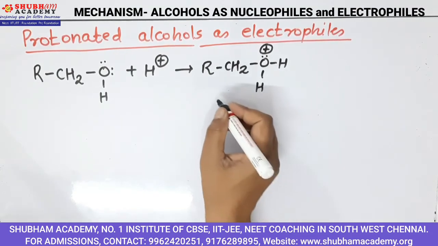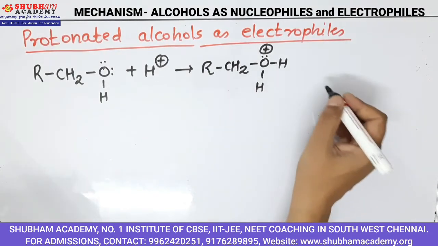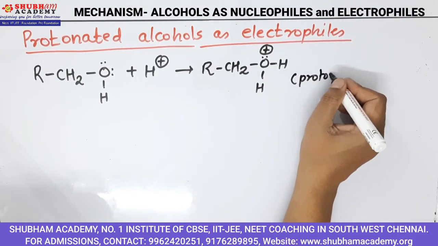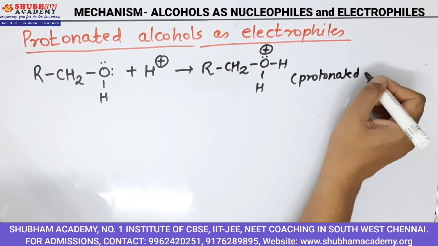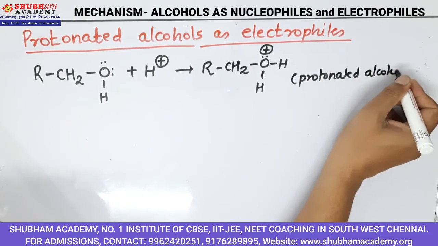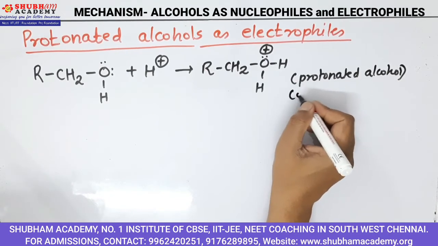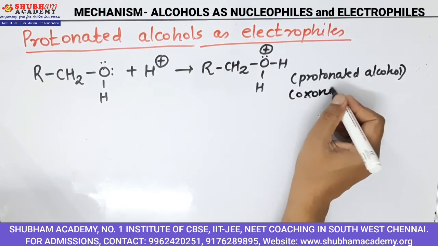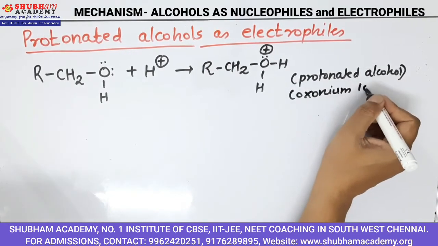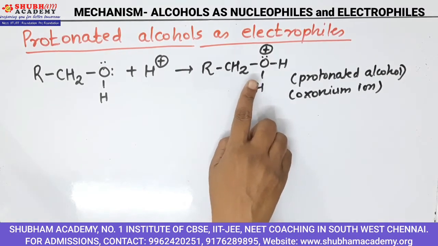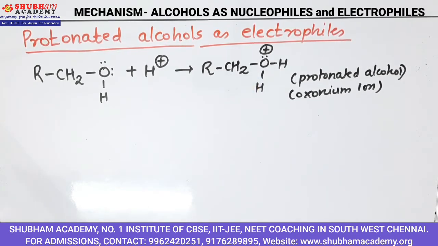So what is this? This is protonated alcohol, and it is an oxonium ion, right? Now see, this protonated alcohol, you can see here it is acting as an electrophile also, right?